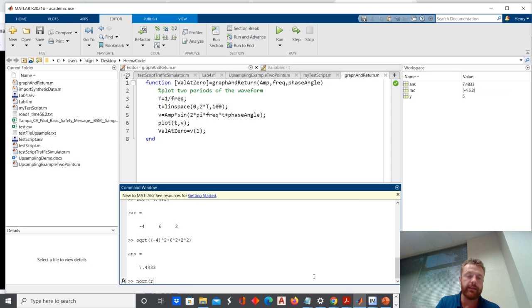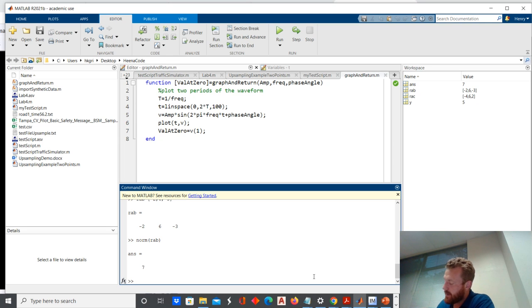But when I have that in the software, I can just type the norm function to find the magnitude very easily. So that is 7.4833. And for RAB, I can store that vector, minus 2, 6, minus 3, and take the norm of RAB, and you should get 7.